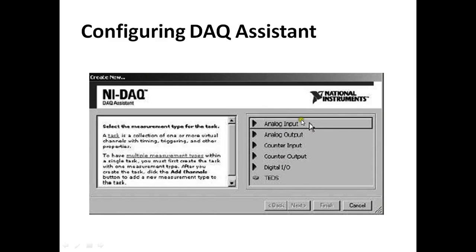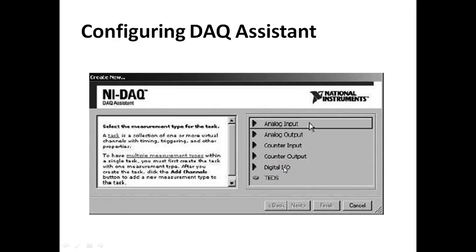If we drag the DAQ Assistant into the block diagram, we will get this option. In that we can select according to our application: analog input, analog output, counter input, counter output, digital I/O. If we need analog input, we can go for analog input. If we need analog output, we can go for this. Digital input and output we can also get from this.